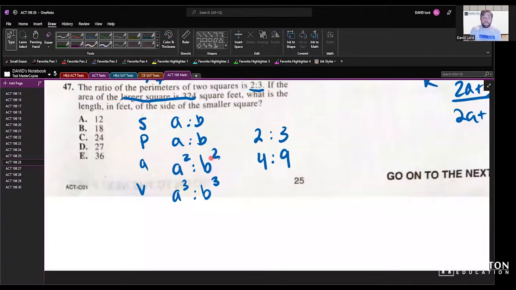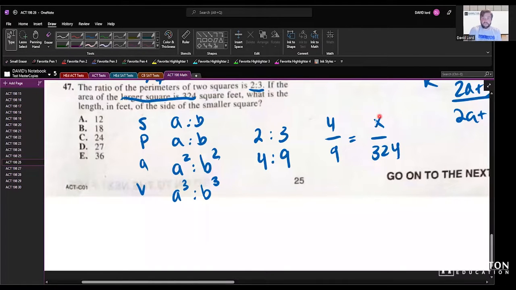Well, we can use this to set up an expression. 4 over 9 is equal to x over 324. And this will give us the area of this smaller square, which is 144. From there, we can get the length of the smaller square by square rooting it. So then the length would be equal to 12.